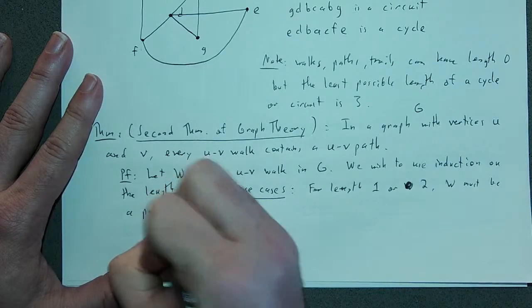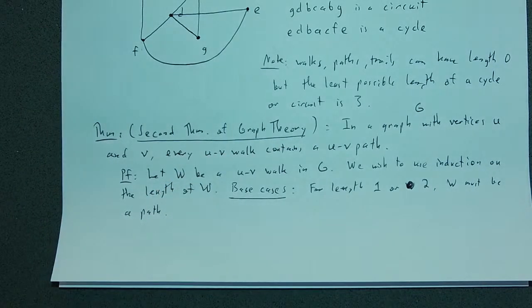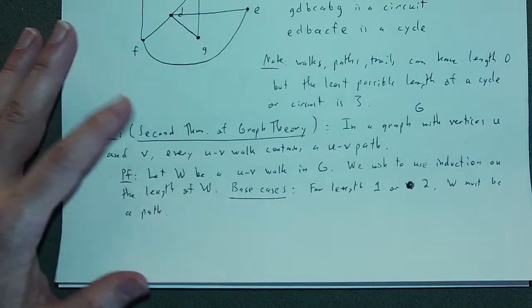And that's just by definition of path. If it's length 1 or 2, there's no repetitions to be had there. It must be a path, so there's nothing else to say. So our base case is true by definition. We love that. So now we have our inductive step, our inductive hypothesis.